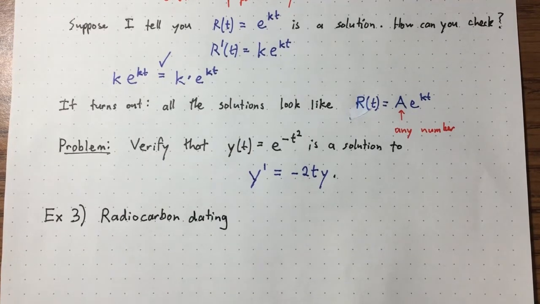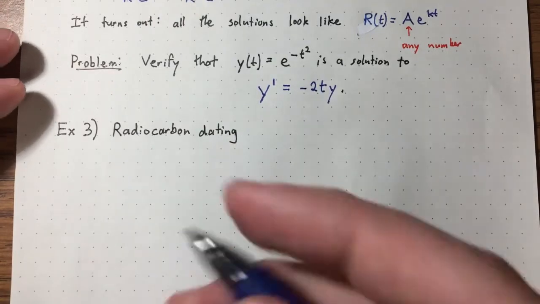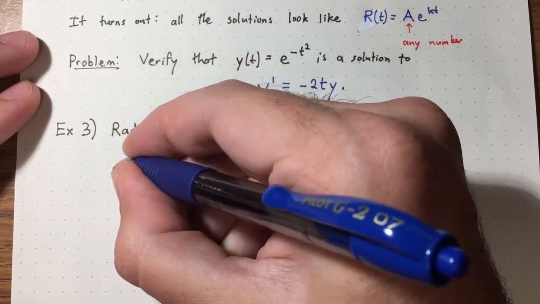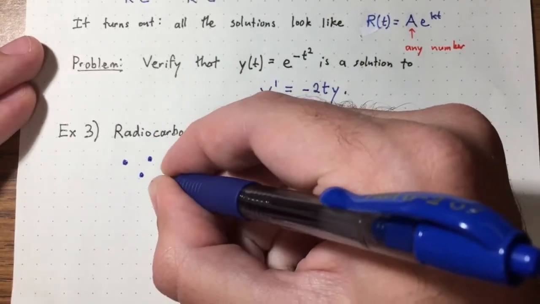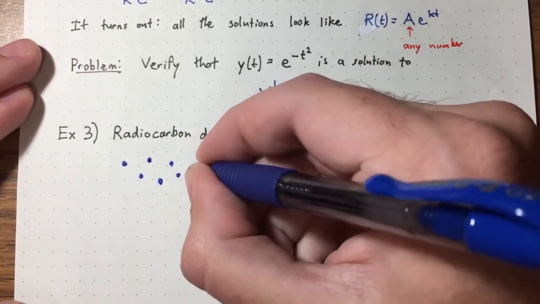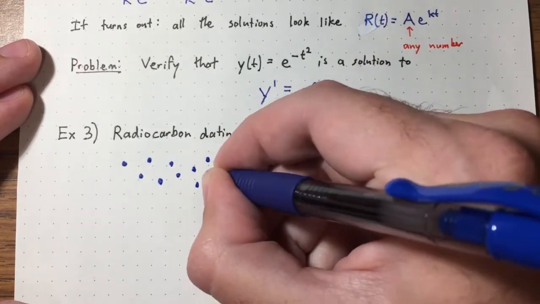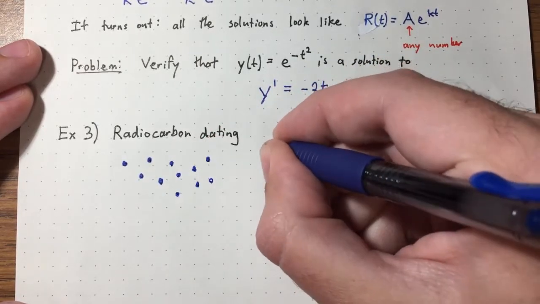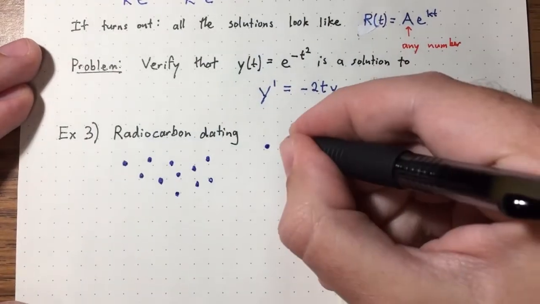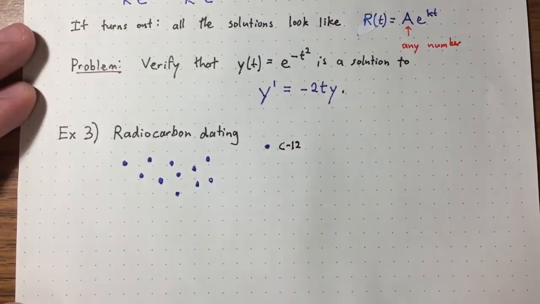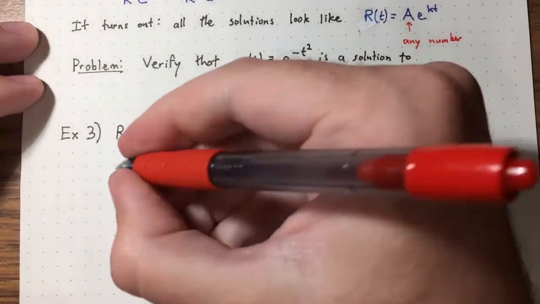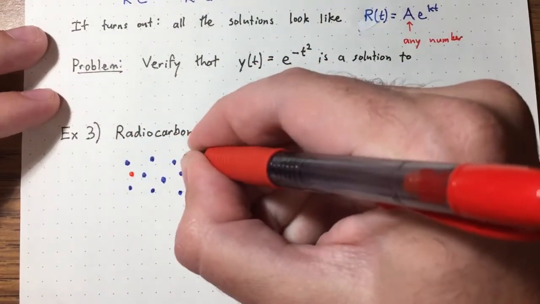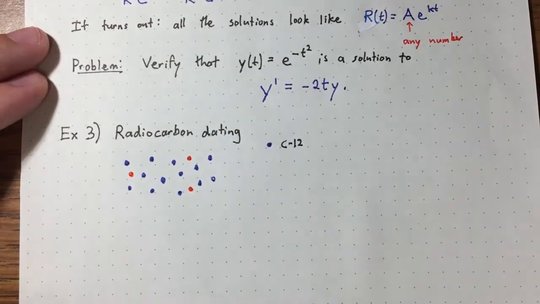Okay, so first let me just tell you about how radiocarbon dating works. So basically, anytime a living organism dies, it has a certain amount of carbon-12, so that'll be the blue. So this will be carbon-12. Okay. It has mostly carbon-12, but it also has a small amount of a different isotope of carbon called carbon-14.